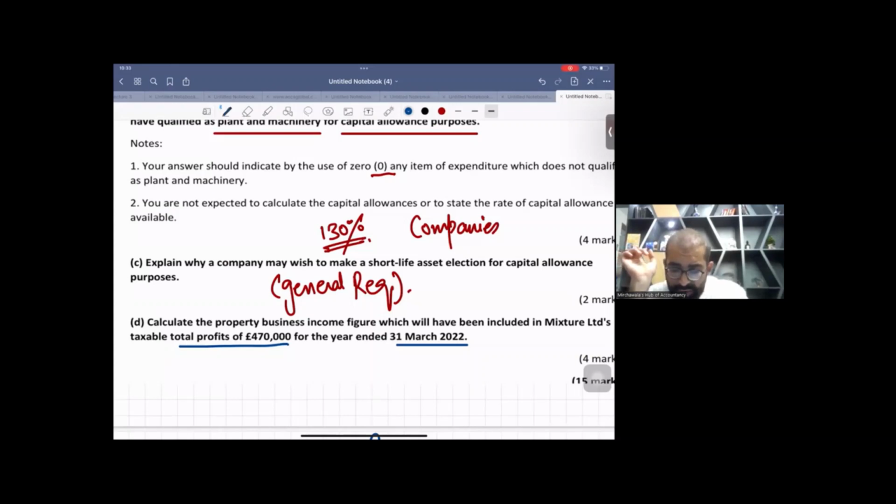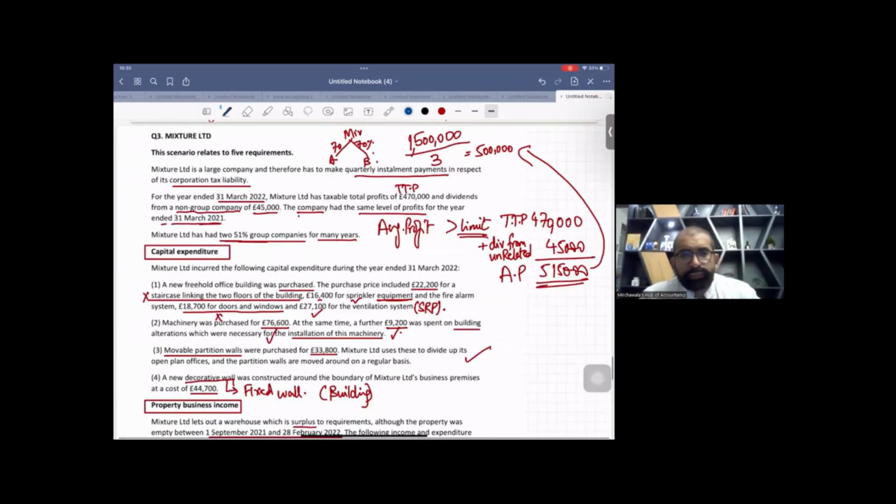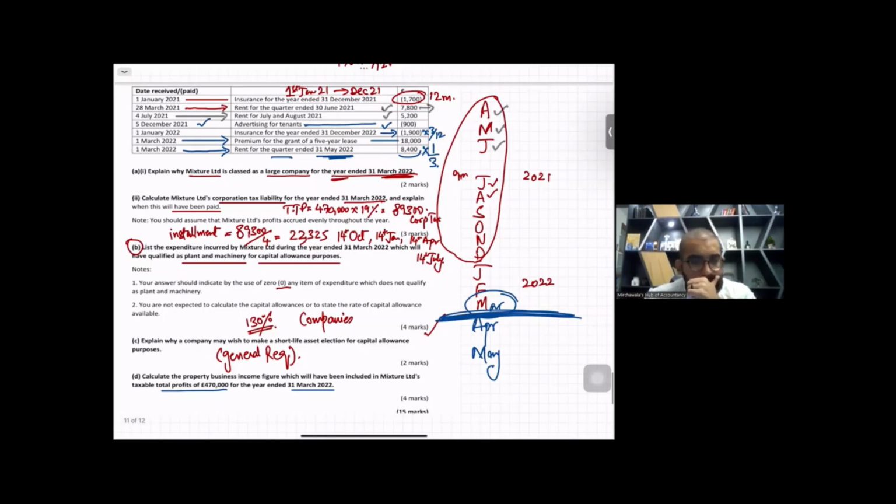If you don't have the question, take a picture of this part, and then this part. Okay, now I am moving to the Excel part.